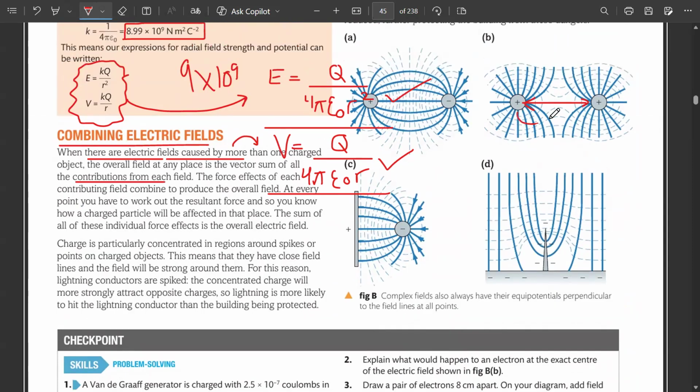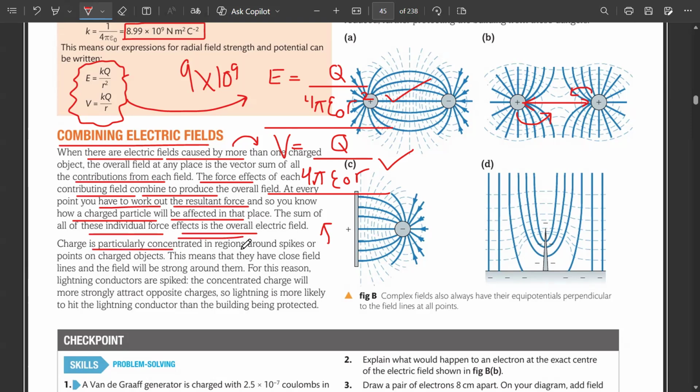Some electric field strength contribution will be from this side, some from this side, and the force effects of each contributing field combine to produce the overall field. At every point you have to work out the resultant force, and so you know how a charged particle will be affected in that place. The sum of all of these individual force effects is the overall electric field.